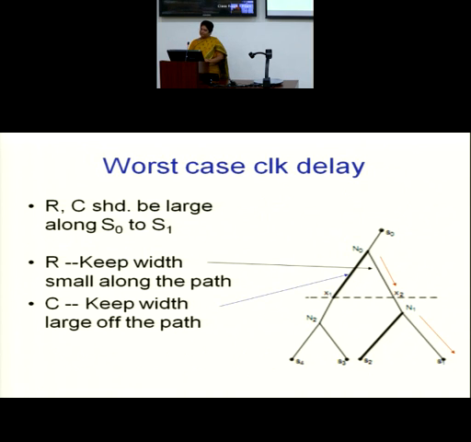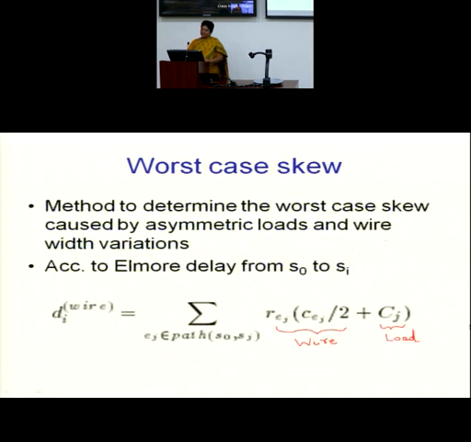So for any segment, the total delay given by Elmore delay formula is simply the R of the segment, the C of the segment. We know the ladder network formula. So RC by 2, plus it is also driving an external load.